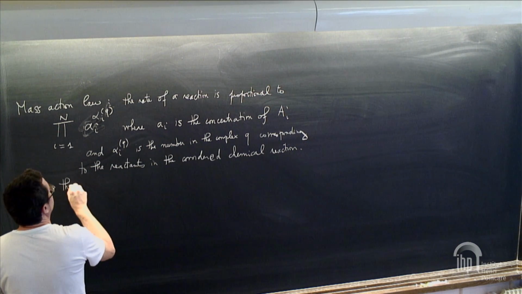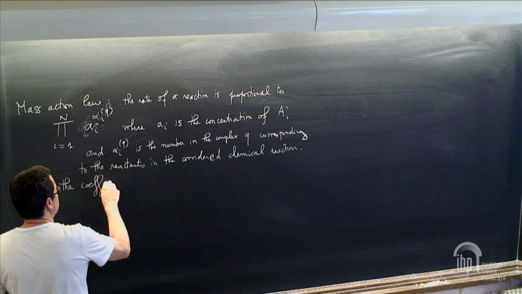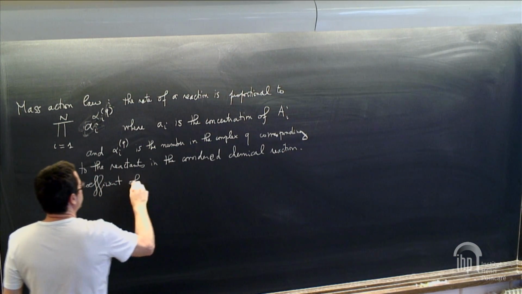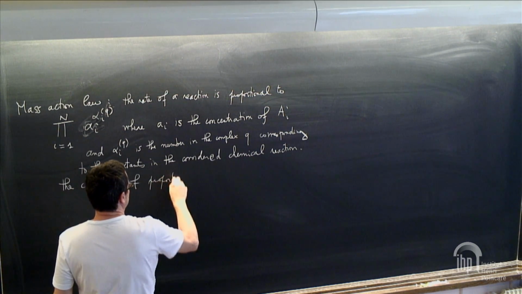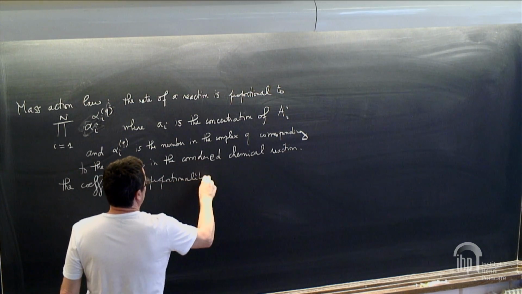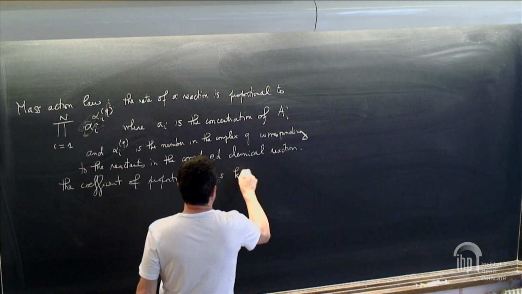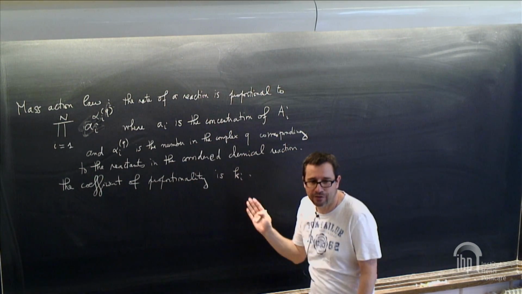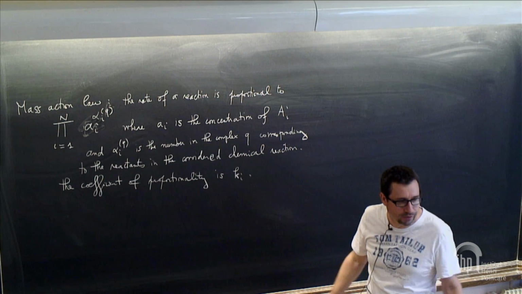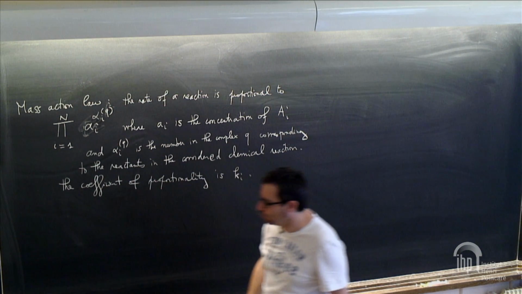Okay, so the coefficient of proportionality is k_i. Okay, so this is a long sentence to tell something which is very easy to explain.